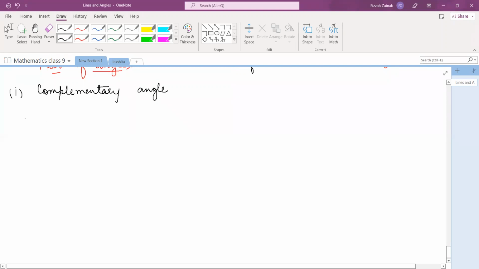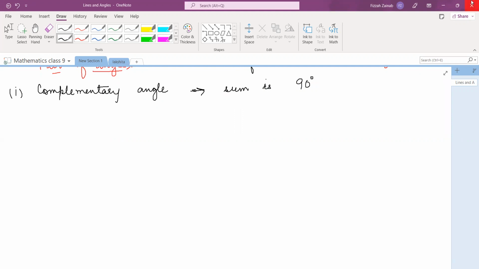That means the sum is 90 degrees. If I have two angles and their sum is 90 degrees, then such a pair is called complementary angles. Is this okay, Imad? This much is from your previous classes.